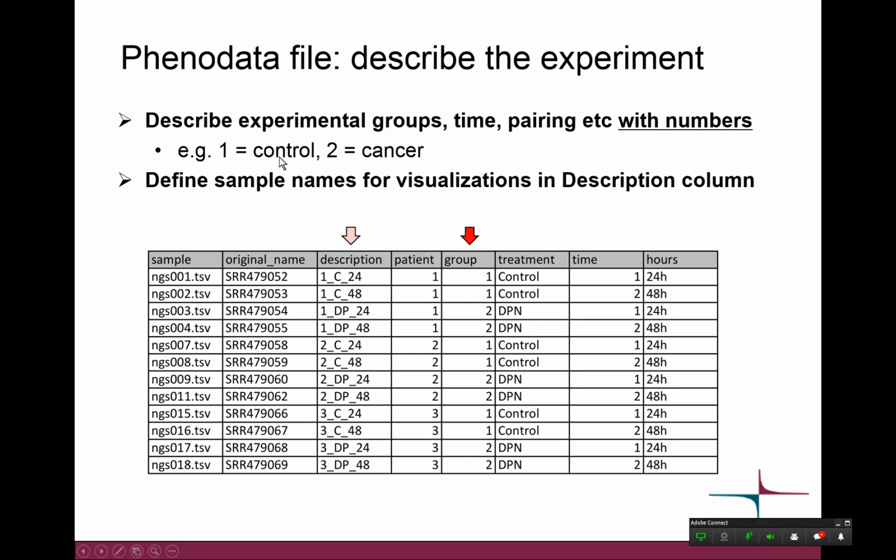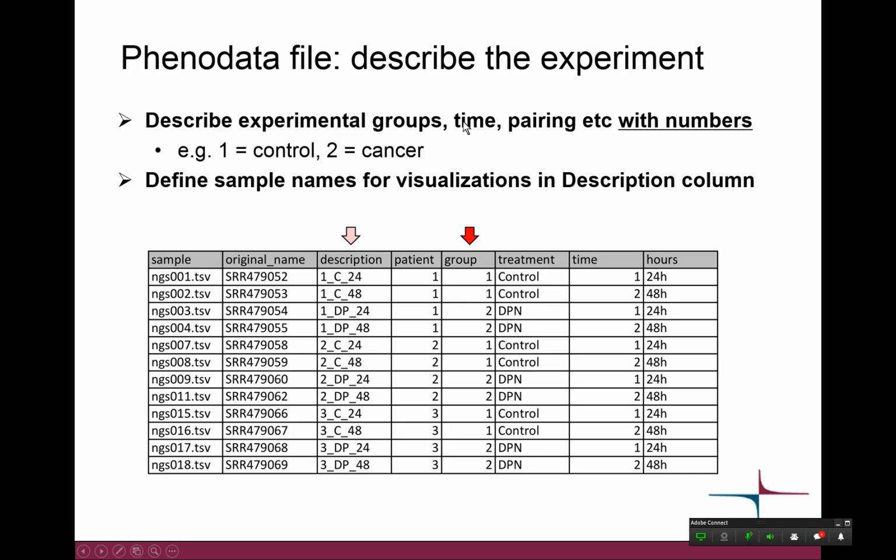So rather than, for example, writing control and cancer, you use numbers so that the smaller number is for the control group and the bigger number or numbers, if you have several groups, are for the different treatment groups. Here, for example, I have control samples marked with 1 and treated samples marked with 2.